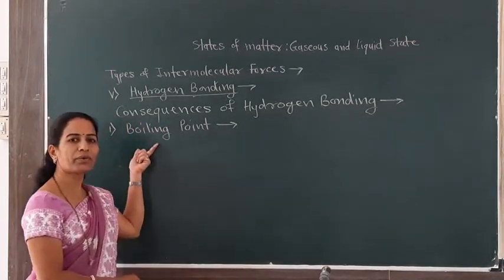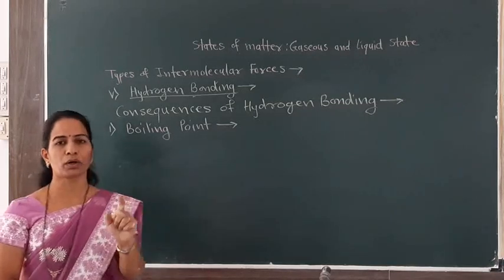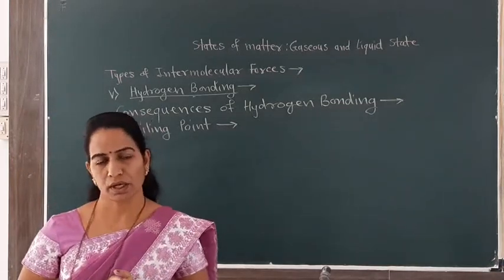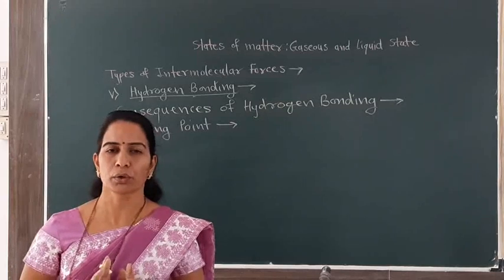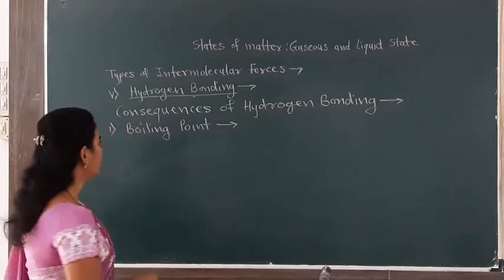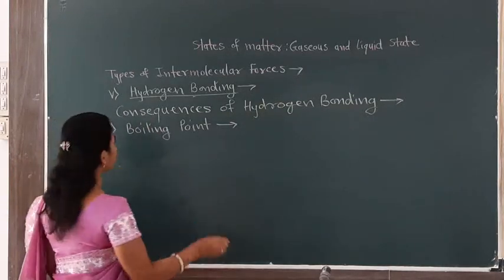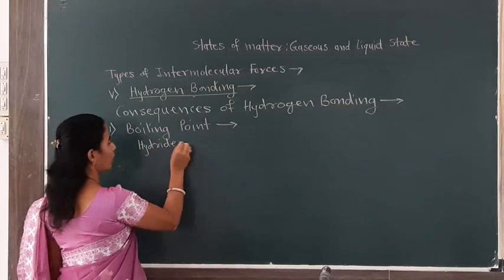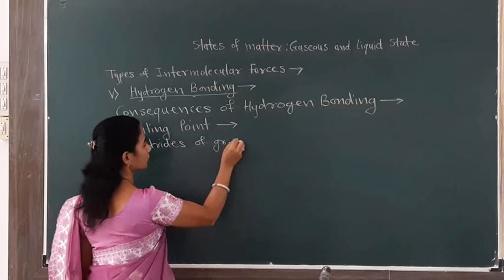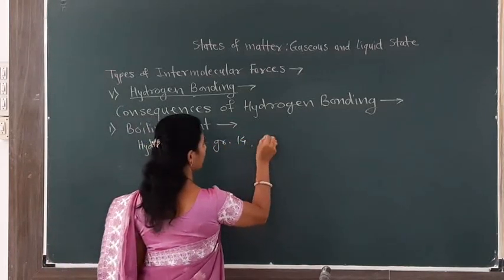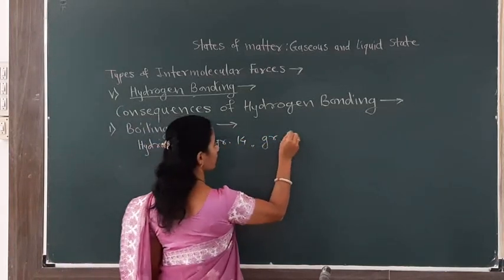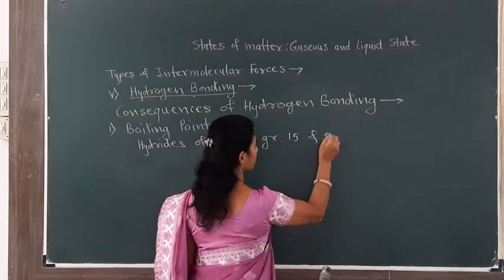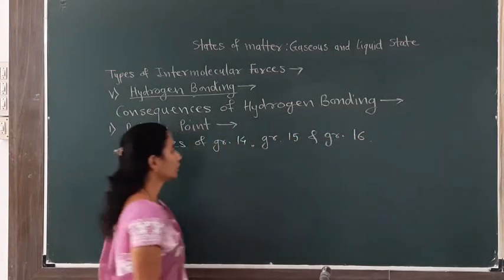Now, what is the effect on the boiling point of some molecules which contain the hydrogen bond? I will tell you. For that purpose, we will take the examples of hydrides of group 14, group 15 and group 16 elements.